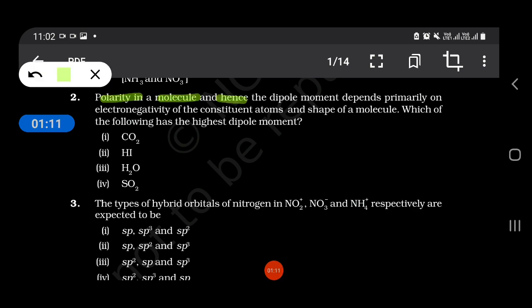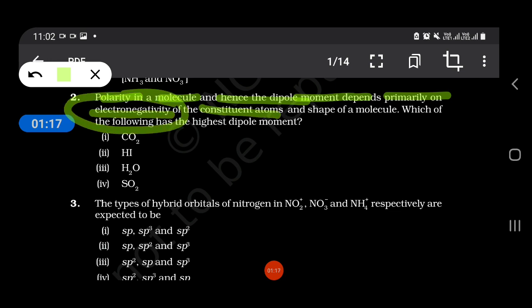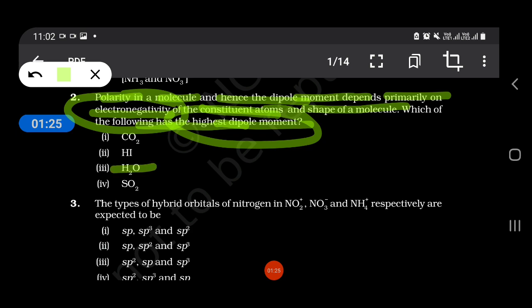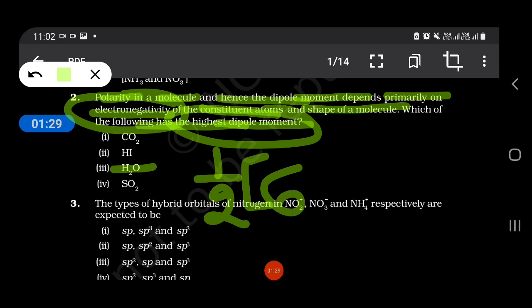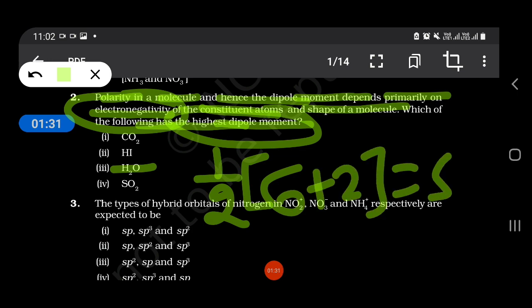Polarity in a molecule, and hence the dipole moment, depends primarily on electronegativity of the constituent atoms and shape of molecule. Which of the following has highest dipole moment? Highest dipole moment is present in H2O, because of its hybridization and shape, you can see there is sp3.